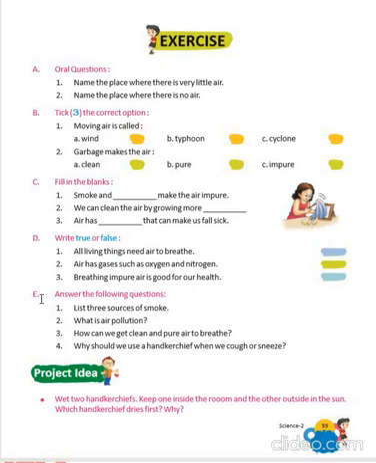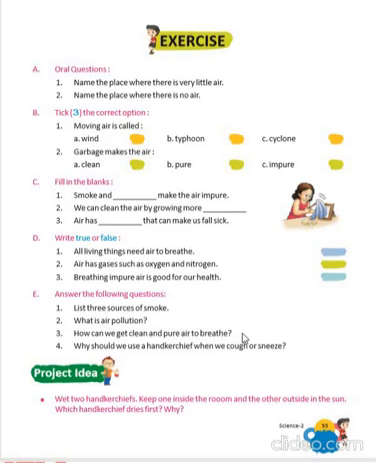Now come to E. In this we have to answer the following questions. List 3 sources of smoke: stoves, vehicles and factories. What is air pollution? Making air impure and unhealthy is called air pollution. Now come to 3. How can we get clean and pure air to breathe?